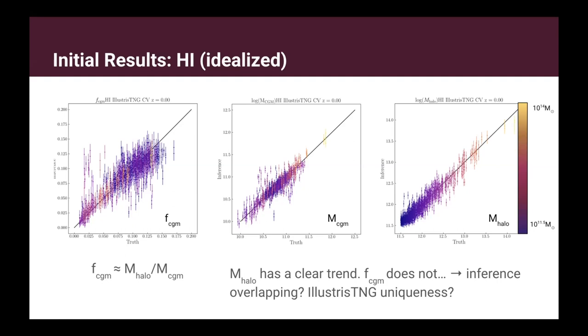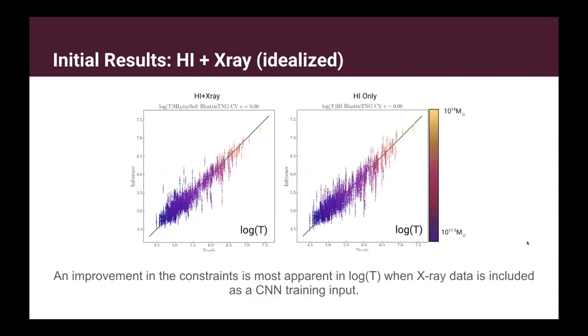And also, unique to IllustrisTNG, it has a dual mode AGN feedback, where there is a mass cutoff between going from quasar mode to jet mode feedback. And so that might lead to this flipped FCGM trend, but we can definitely talk more about that later. But I thought that was just an interesting thing to point out.